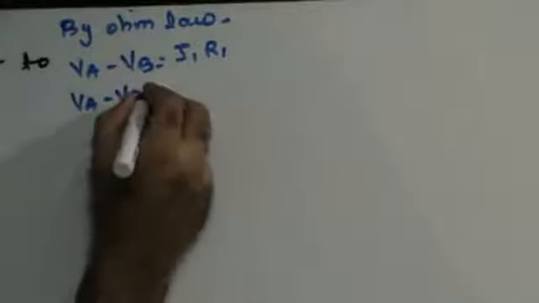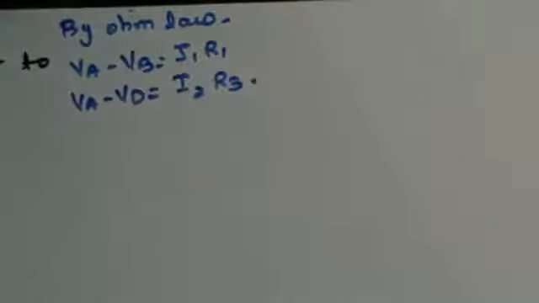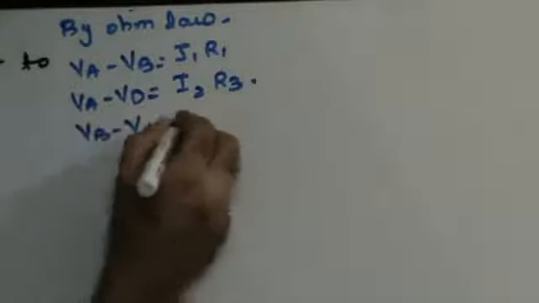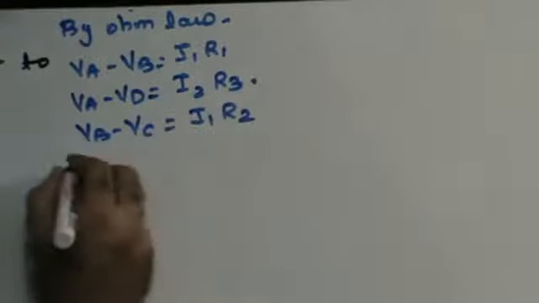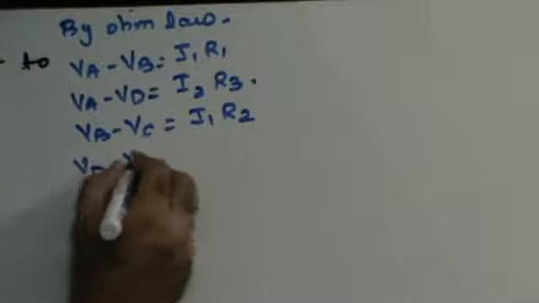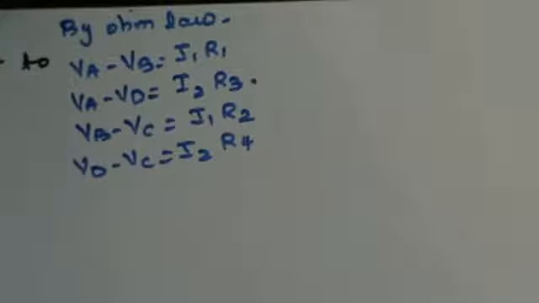Next, VA minus VD is going to be nothing but I2 R3, right? Similarly, VB minus VC is going to be nothing but I1 R2, and VD minus VC is going to be I2 R4, right?